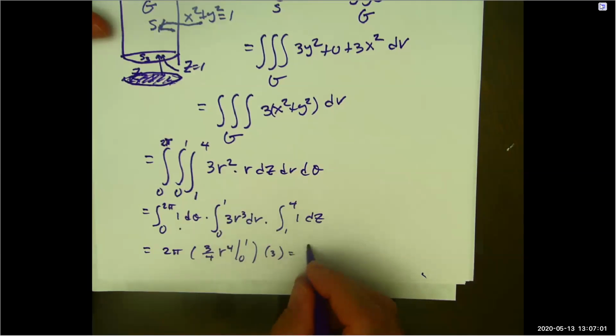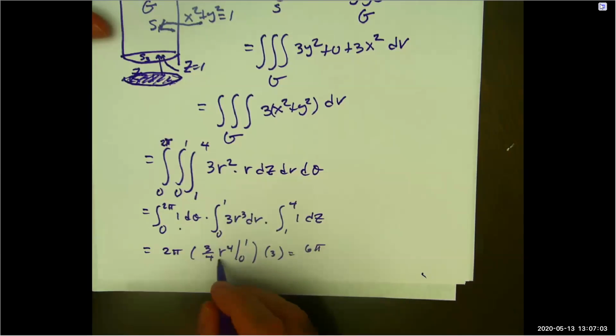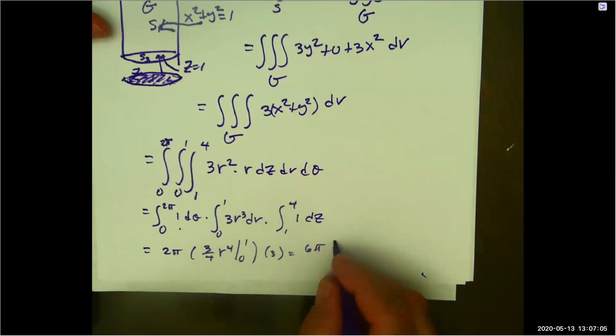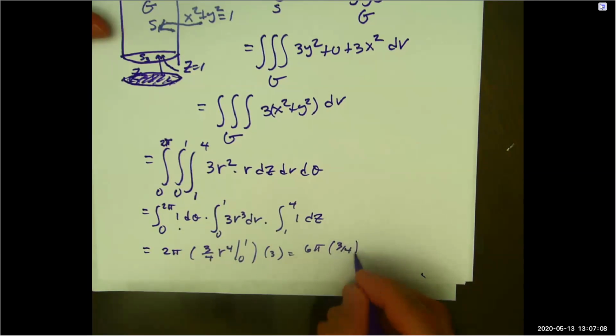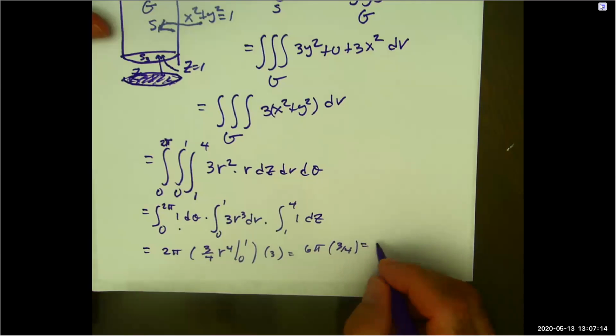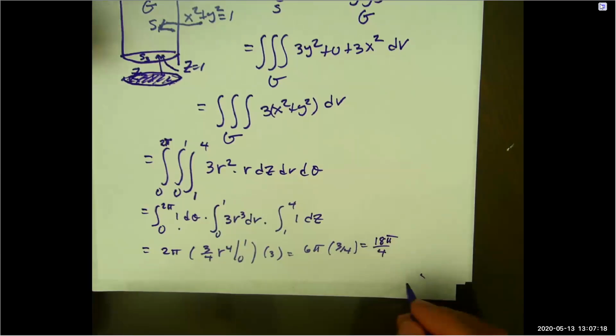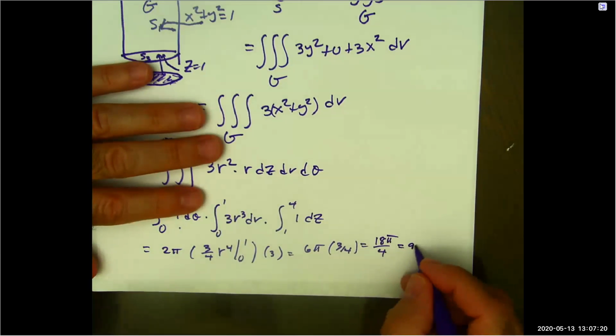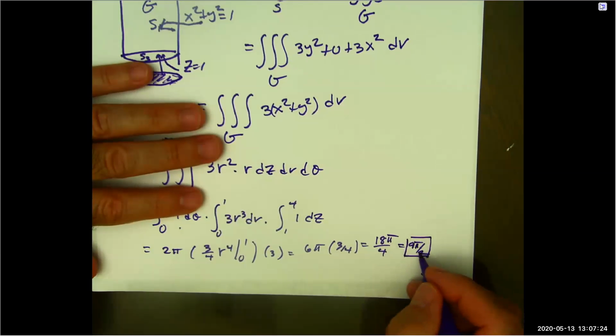So we'll have 6 pi, times the 3/4. And so we're going to have 9 pi over 2 once we reduce it. So we have 18 pi over 4, and that's equal to 9 pi over 2. And so that would be the flux.